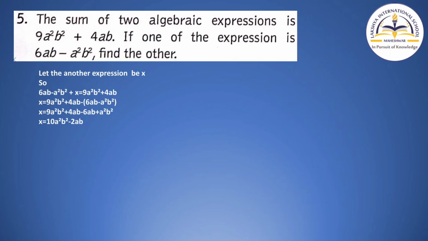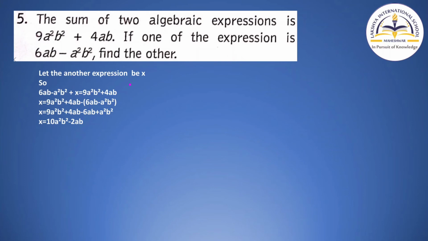Now question number 5. The sum of two algebraic expressions is 9b square plus 4ab. If one of the expressions is 6ab minus a square b square, find the other. Now let the other expression be x. So here again we have considered x. Now 6ab minus a square plus b square plus x we have considered.